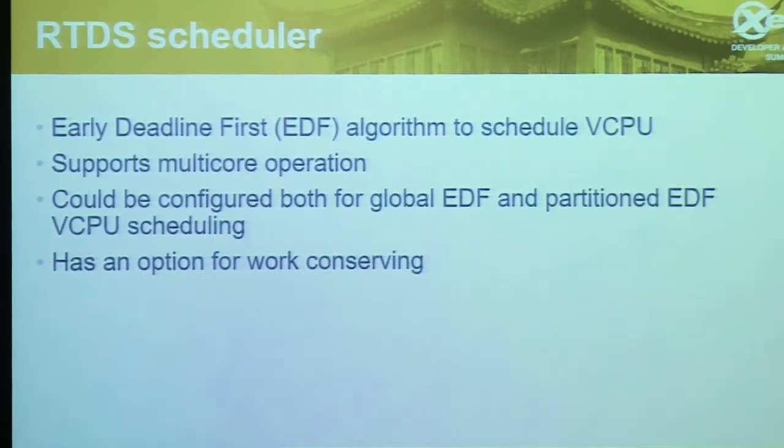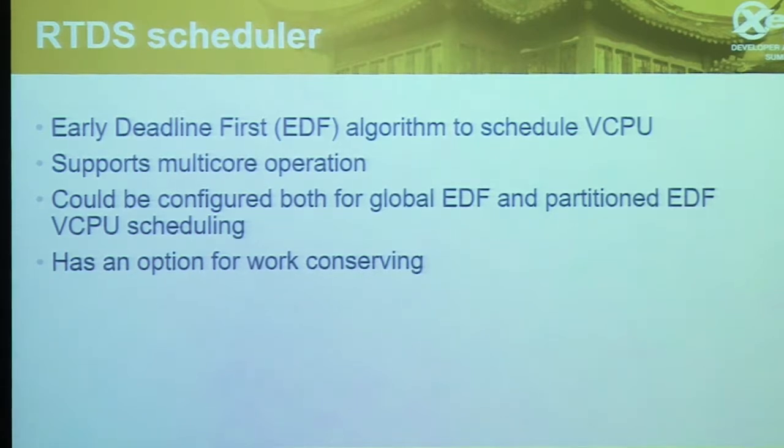RTDS scheduler. It implements the earliest deadline first algorithm to schedule the CPUs for an RT domain. This scheduler supports multi-core operation. It could be configured both for global EDF and partitioned EDF CPU scheduling.